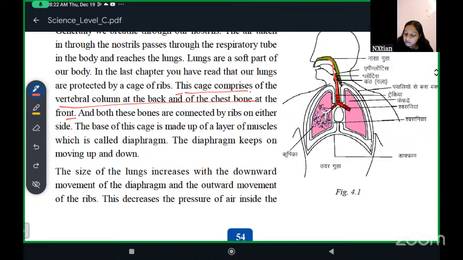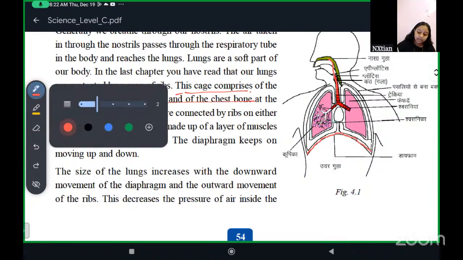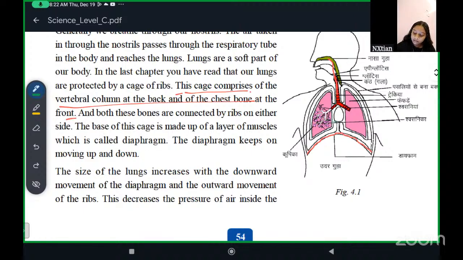This is the diaphragm in red, and this whole thing is the rib cage.